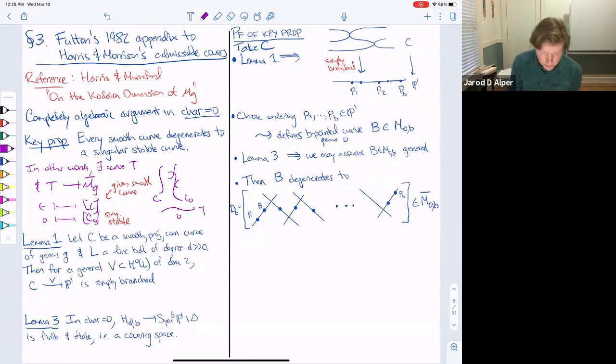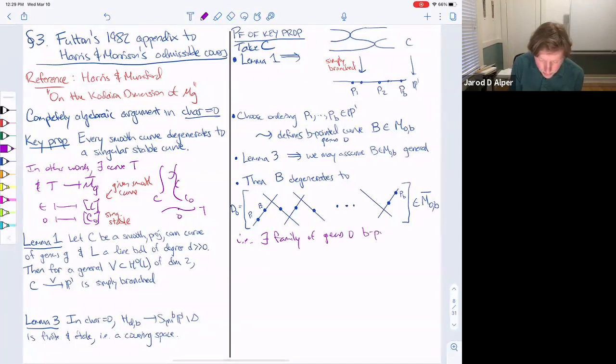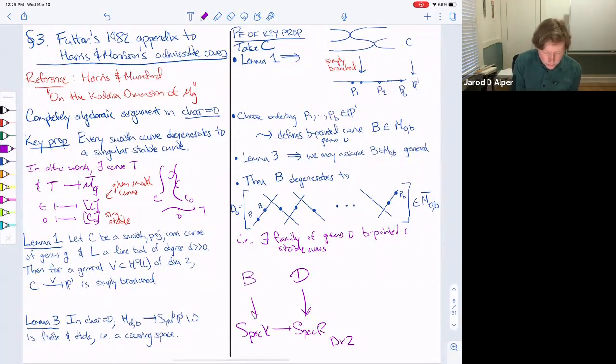In other words, there exists a family of genus 0 B-pointed stable curves, I'll call it D, over a DVR, such that the generic fiber is B, and the special fiber is this special curve, D0.